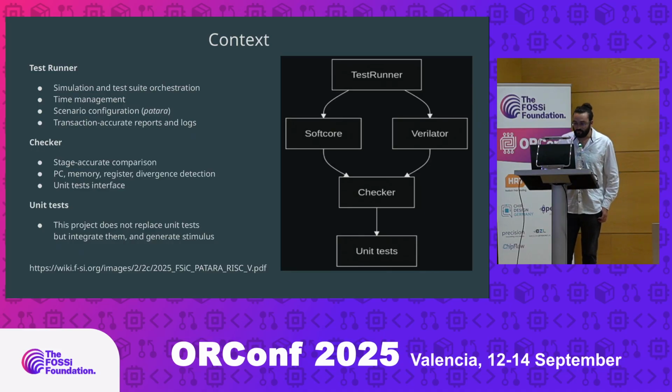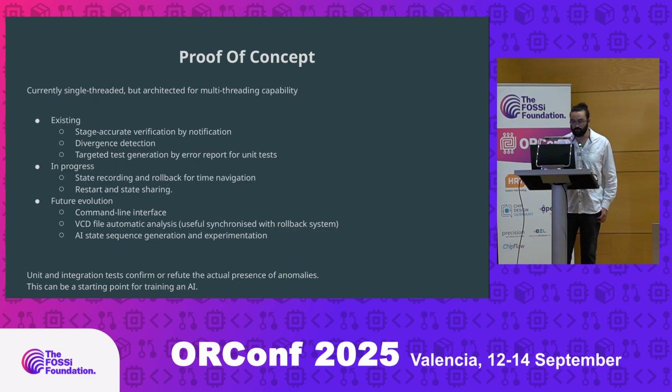They communicate with the checker at each access with a notification. And this checker is responsible for running the unit test sequence, for replaying or exploring new possibilities for detecting error cases.